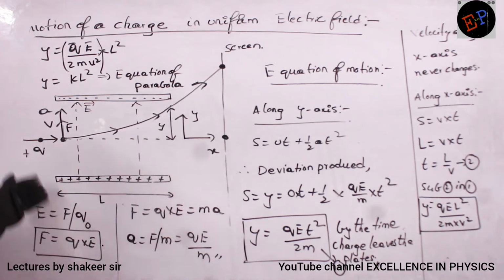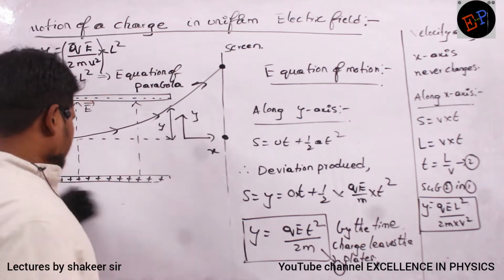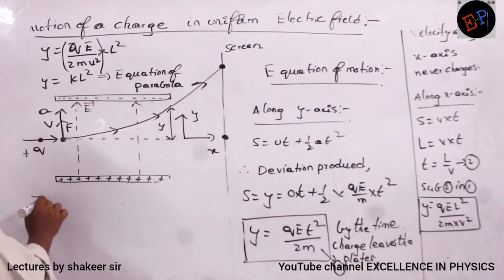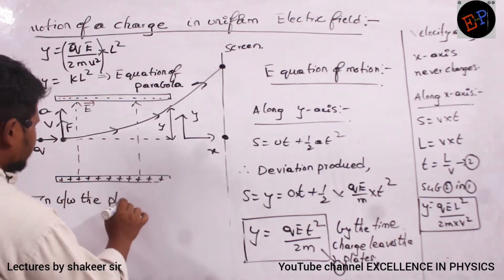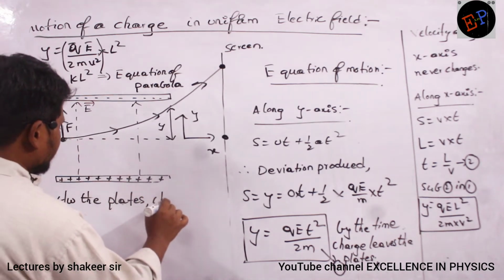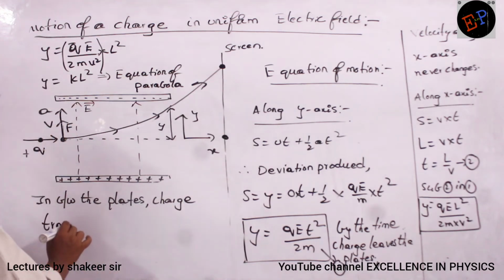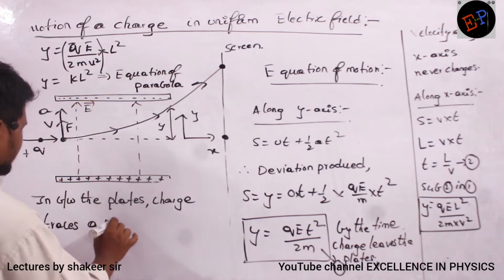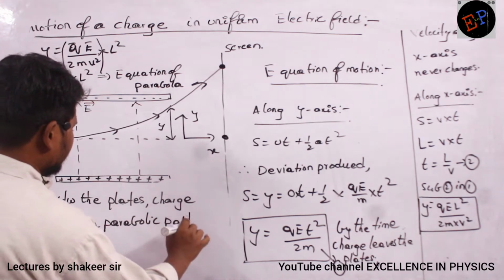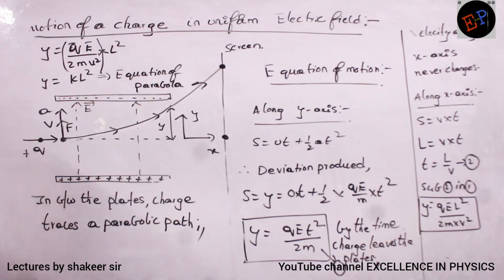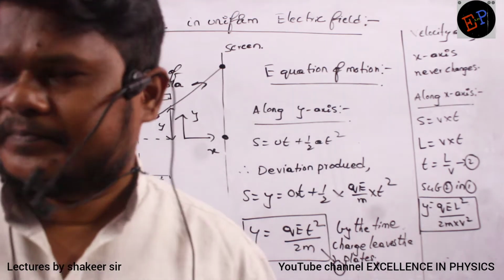Therefore I write that in between the plates, the charge traces a parabolic path. What kind of path is it tracing? Parabolic path. That's it.